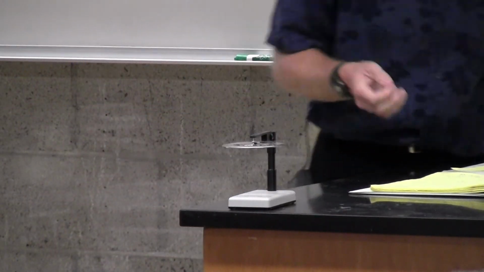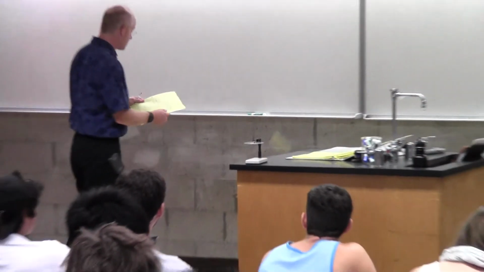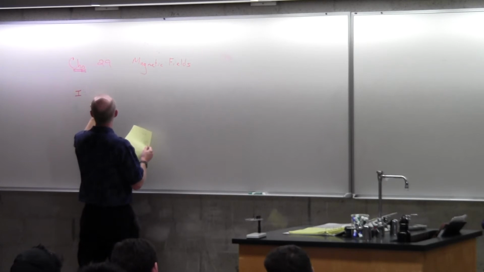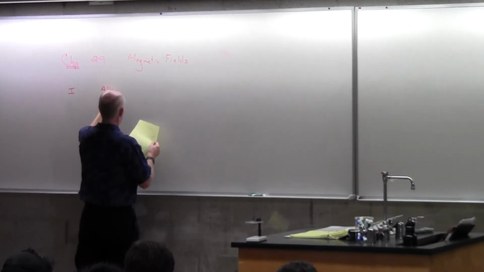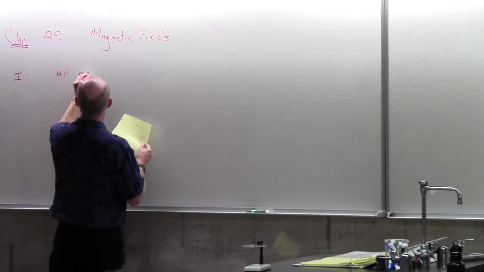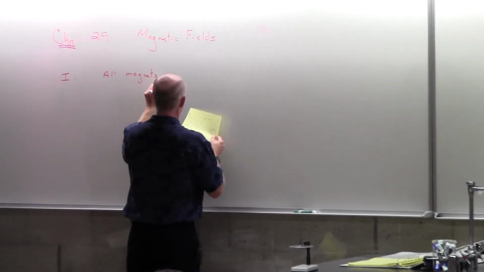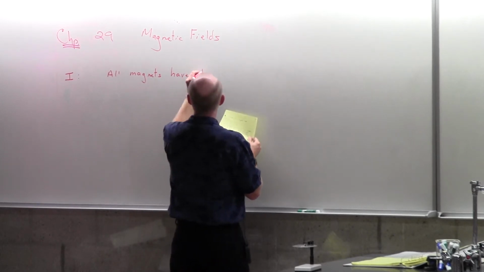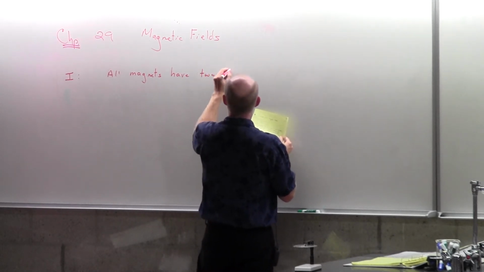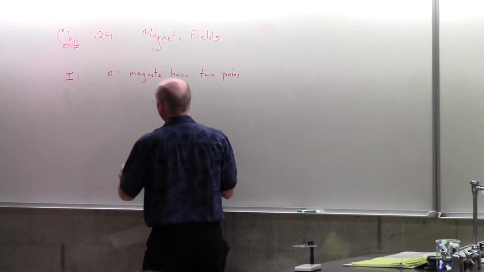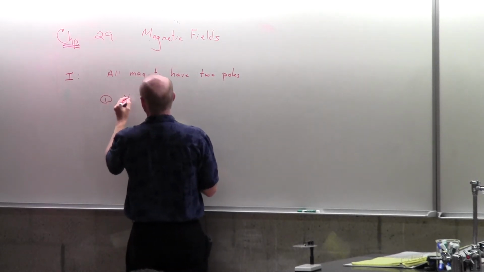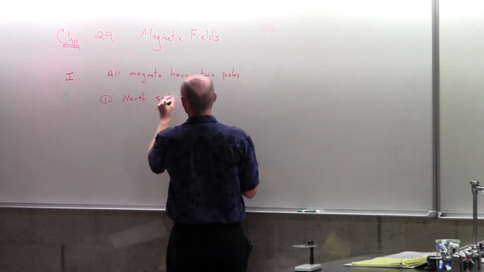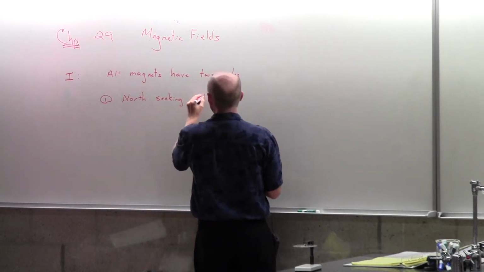So it doesn't surprise you, as we go to name the parts of a magnet, that we start here and simply say that all magnets are going to have a part that points to the north. We will call that edge of the magnet a north-seeking pole.